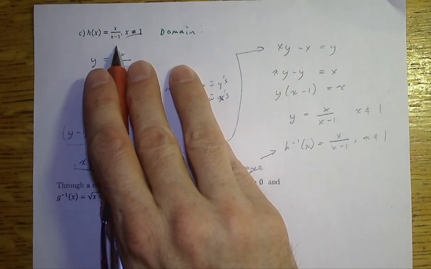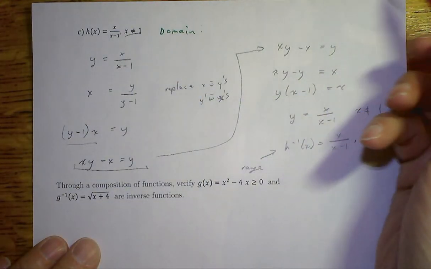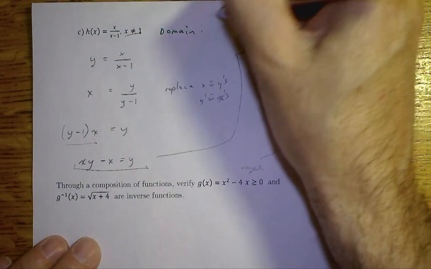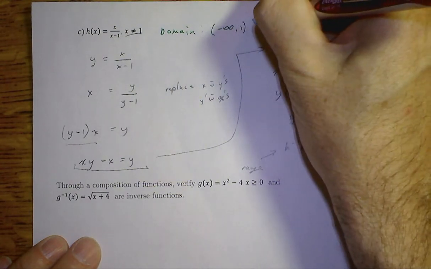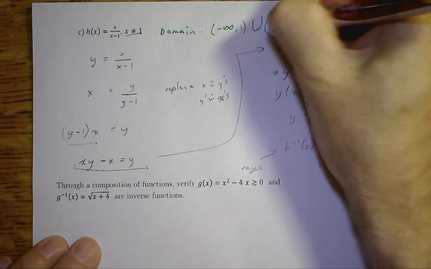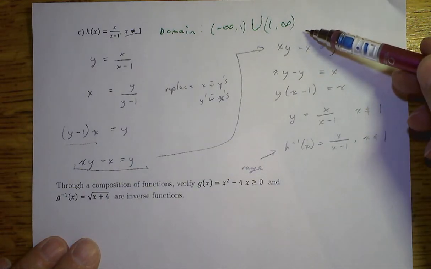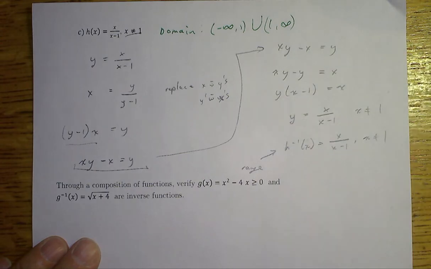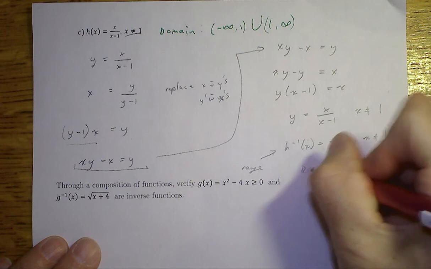Just for fun, I am going to write it in interval notation. That's how I would do it. That's my domain. That's a description of all the x's for h. The description for all the y's for my inverse is going to be the same.